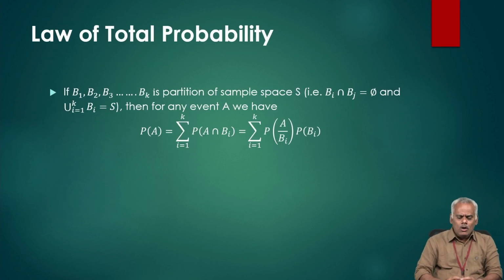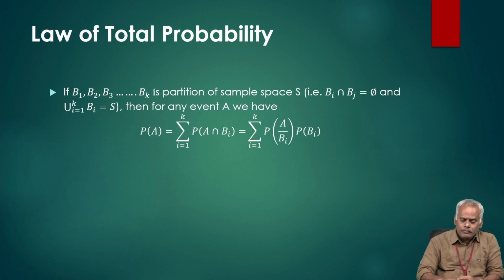Now, the law of total probability. The law of total probability is used when an event can occur through multiple disjoint paths. It combines probability from multiple cases to find the overall probability.